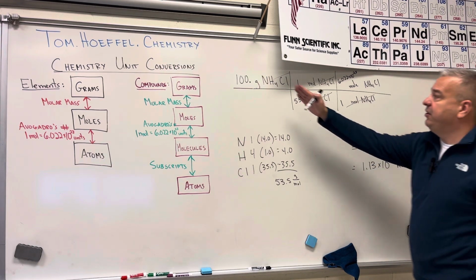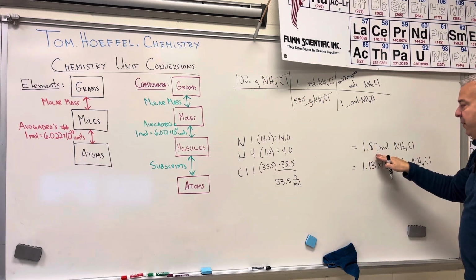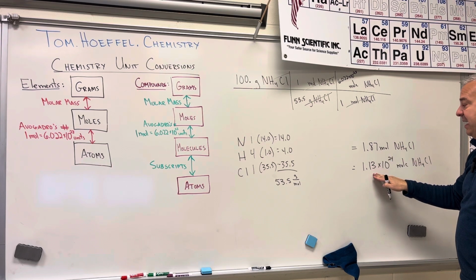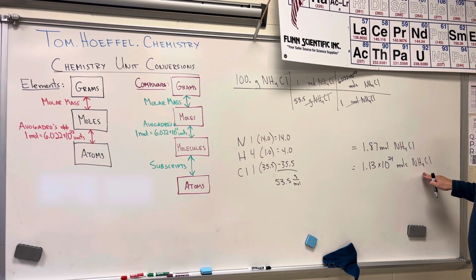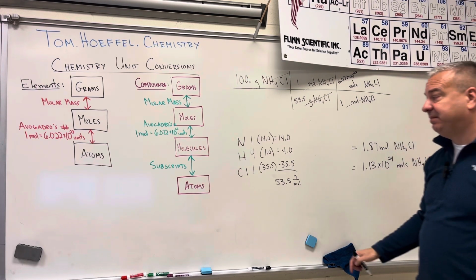So 100 grams is the same thing as 1.87 moles, which is the same thing as 1.13 times 10 to the 24th power molecules of ammonium chloride.